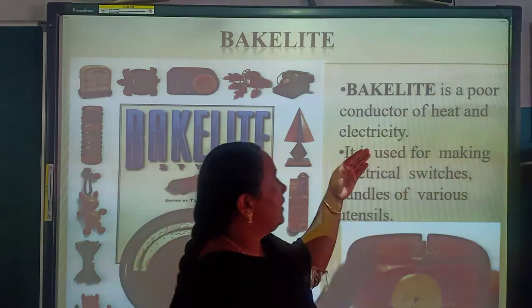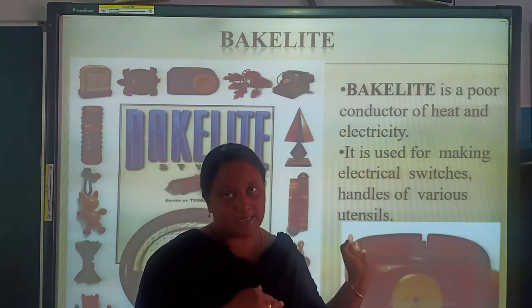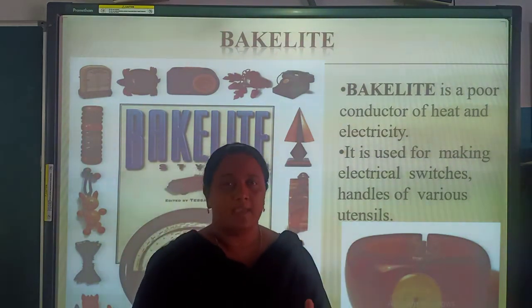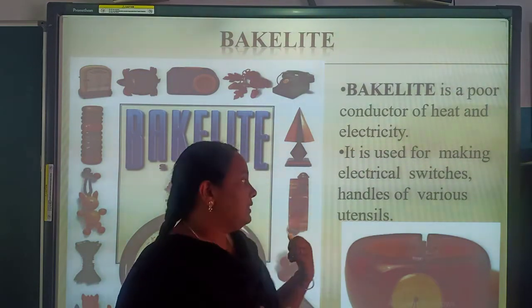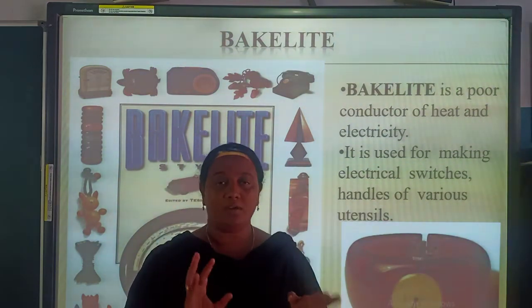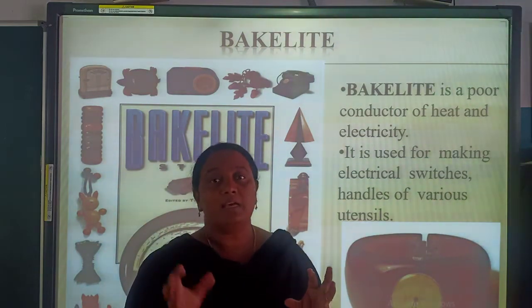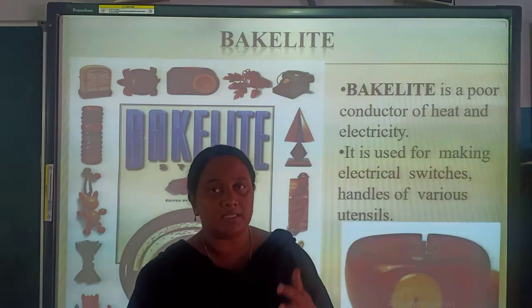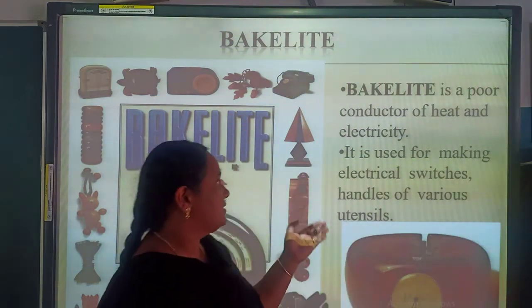Bakelite is a poor conductor of heat and electricity. You know, when we studied thermoplastics, if we pour hot water, it will deform its shape. But thermosetting plastics do not deform. So they can be used in places where high heat and electricity are present.